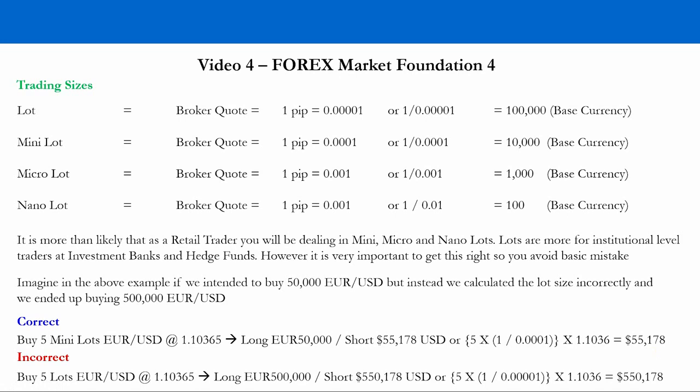But what if we got this wrong and we calculated the pip value incorrectly and worked it out as buying 5 lots? And we did this at the exchange rate 1.10365. We end up actually going long 5 lots, so 500,000 euros, or short 550,178 US dollars.